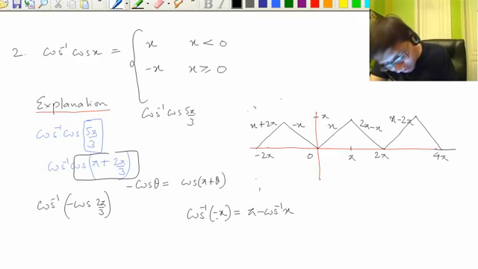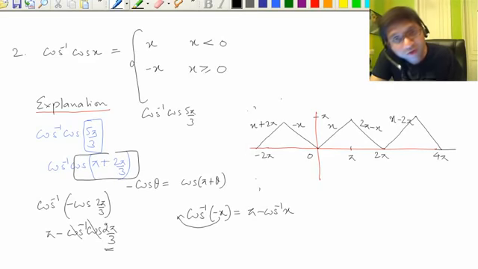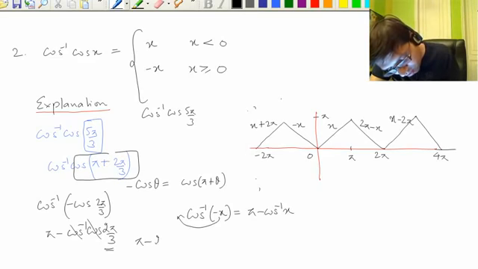So taking the minus out, it is pi minus cos inverse cos 2 pi by 3. Now there is no problem in cancelling cos inverse with cos, because 2 pi by 3 is in the principal value branch of cos inverse, which is from 0 to pi. So finally we have pi minus 2 pi by 3 equals pi by 3.